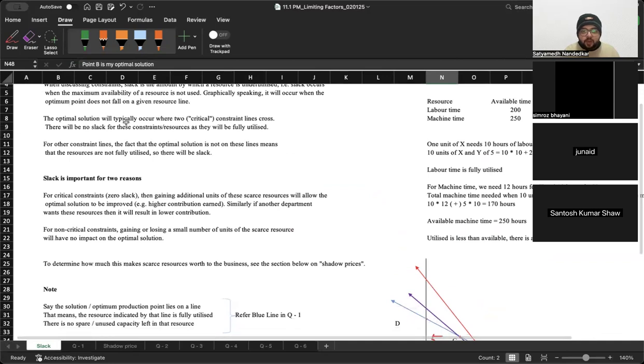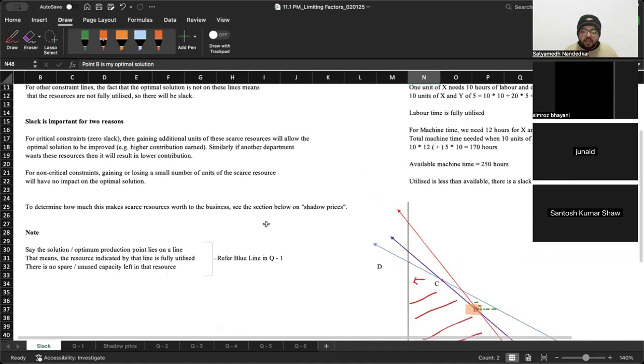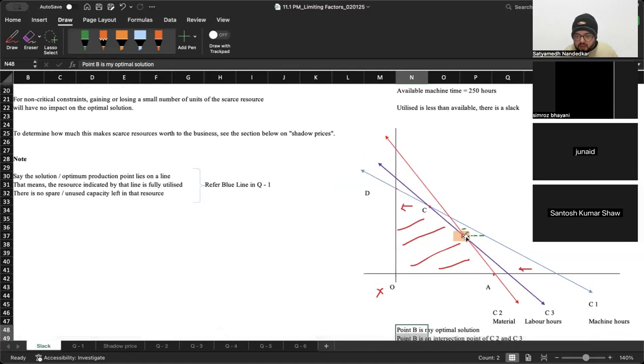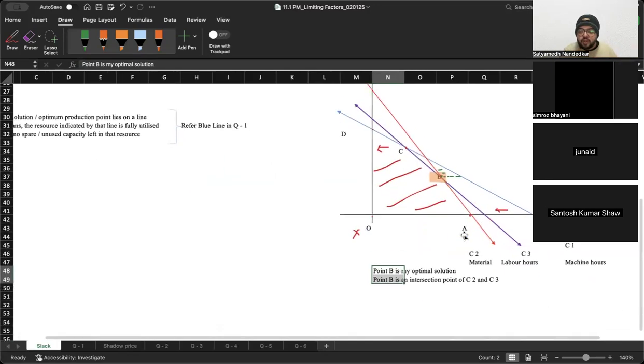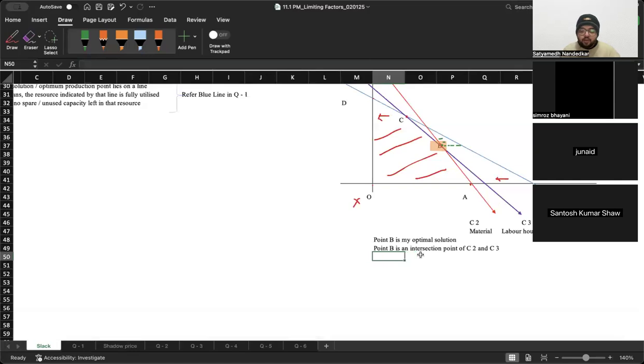ठीक है, the optimal solution will occur where two critical constraint lines cross. There will be no slack for these lines. अब देखो, these two lines, this point is on the line. The point of optimum solution is on line C2 and C3.